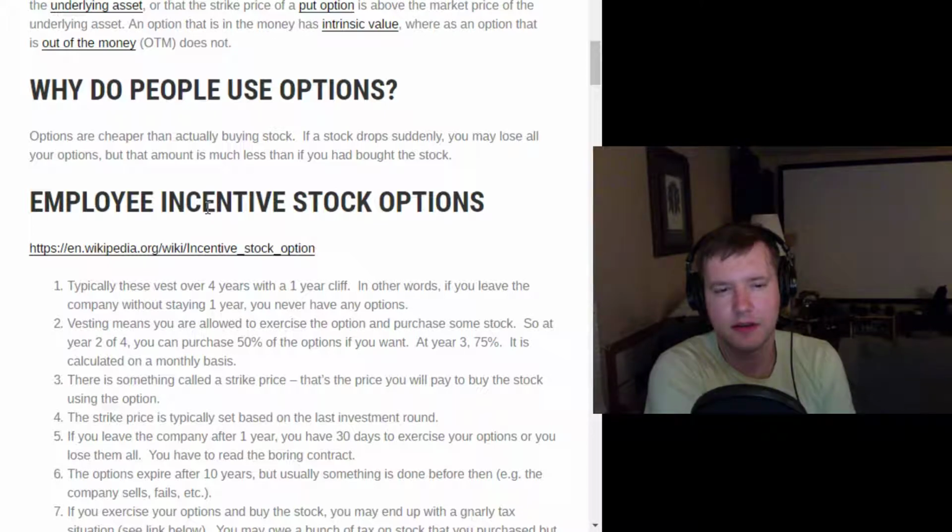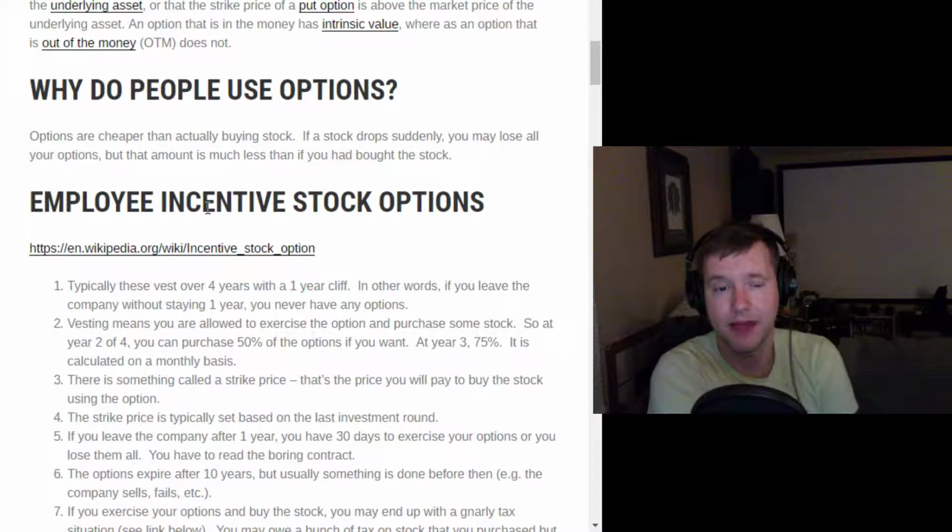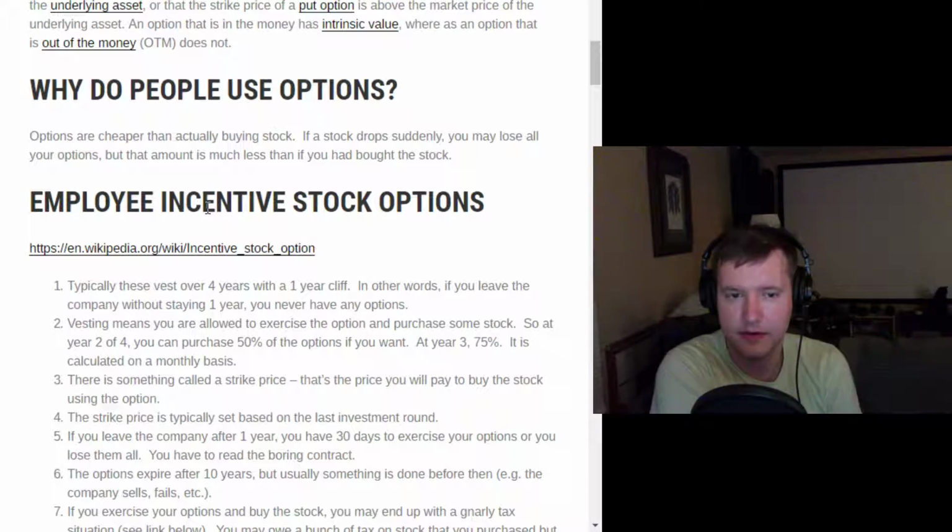It depends on what the board of directors considers the fair market value of the company, which is often based on the details of the last investment round. So the people who last invested money in the company will come up with some theoretical value for the company, and that's going to play into what the strike price is going to be for your stock options.